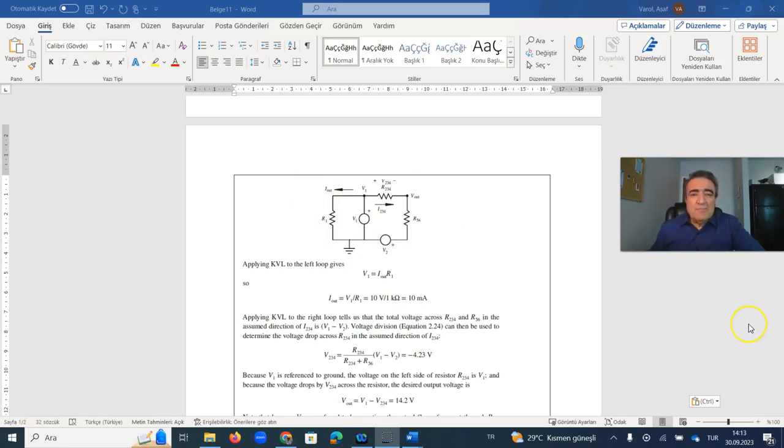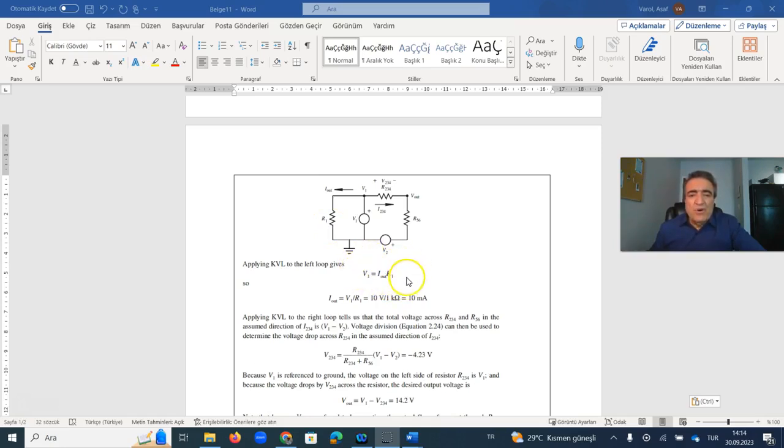We want to apply Kirchhoff's voltage law to this circuit. We begin with the left loop, and for the left loop we can write V1 is equal to I out times R1. We know this formula is derived from Ohm's law.